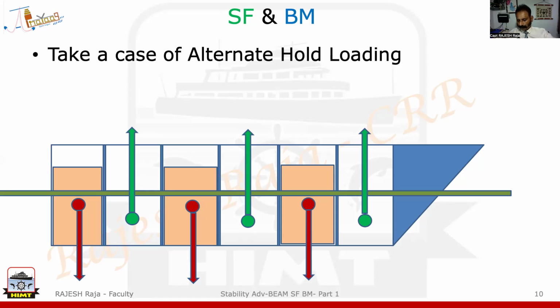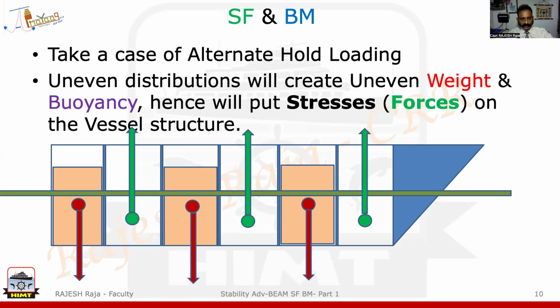Now, this is the problem where you might see it will create uneven weights and buoyancy. Hence, it will start stressing the ship. Stress is a force. And in this particular case, which is a hypothetical case, you will see the bulkheads which are joining the full and an empty compartment will have a lot of force coming on them.